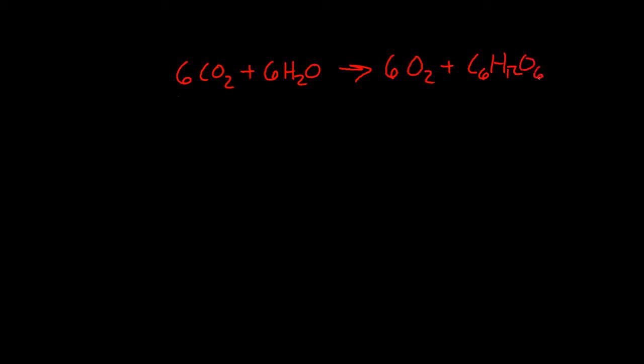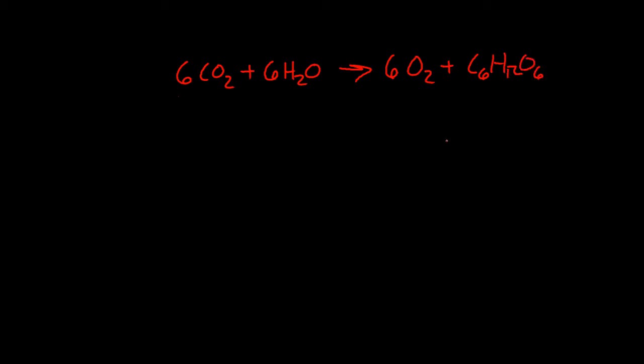8.2 says, in photosynthesis, plants convert carbon dioxide and water into glucose according to this reaction. So we have 6 CO2 plus 6 water goes to 6 oxygens and glucose, which is C6H12O6.